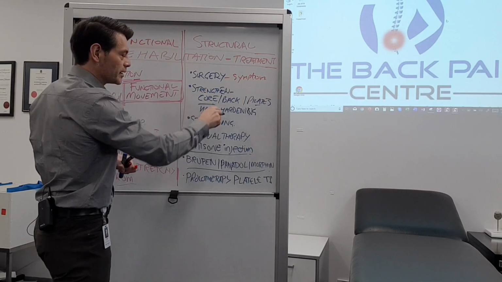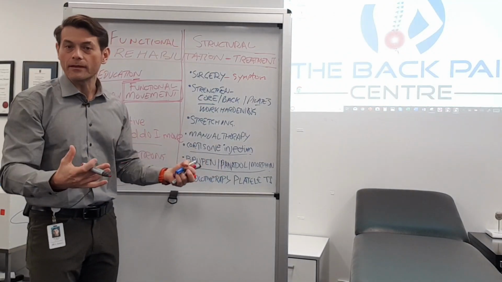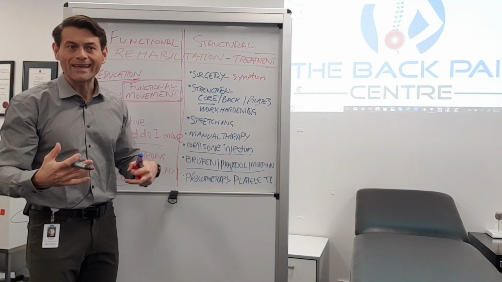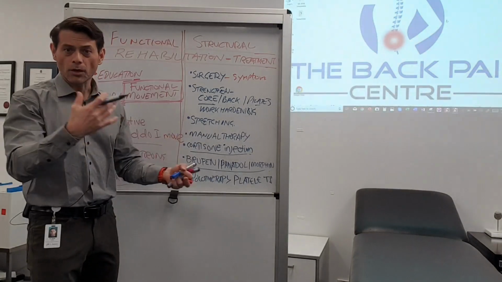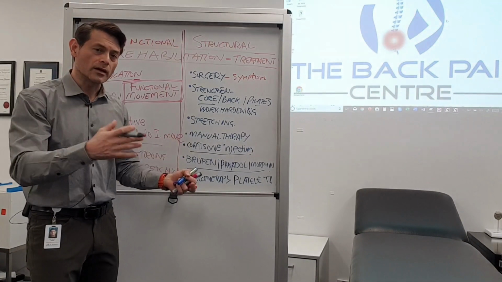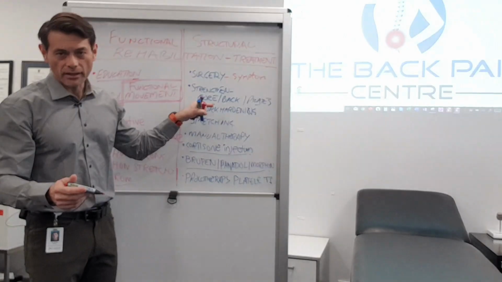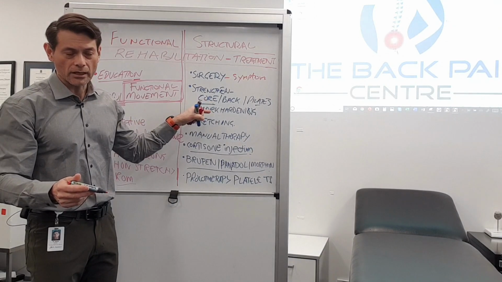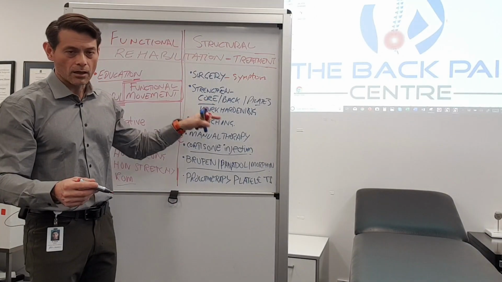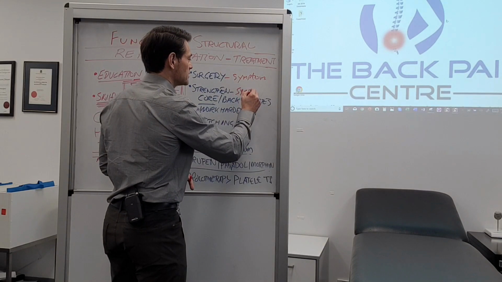Our muscles may weaken, and something else has made them weak. So pain may have stopped you from exercising, and hence your muscles have become weak. If I address that strength with strength training or core strengthening, I'm addressing a symptom. Okay, so weak muscles is a symptom.